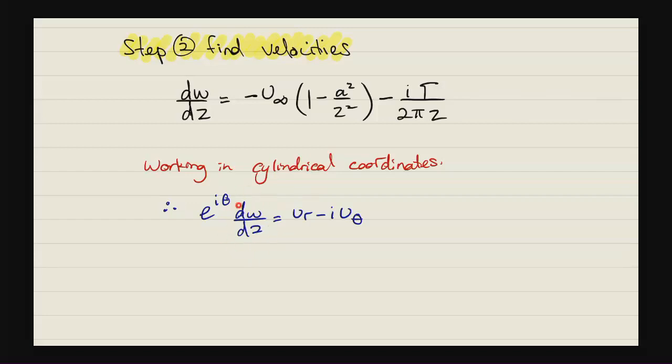So we know what dw/dz is. That's just this term here. So we want to multiply this whole right hand side here with e^(i theta), and I want to substitute z equals r e^(i theta).